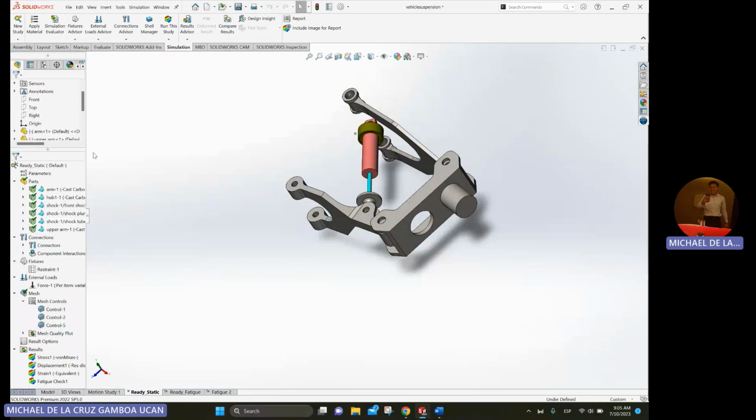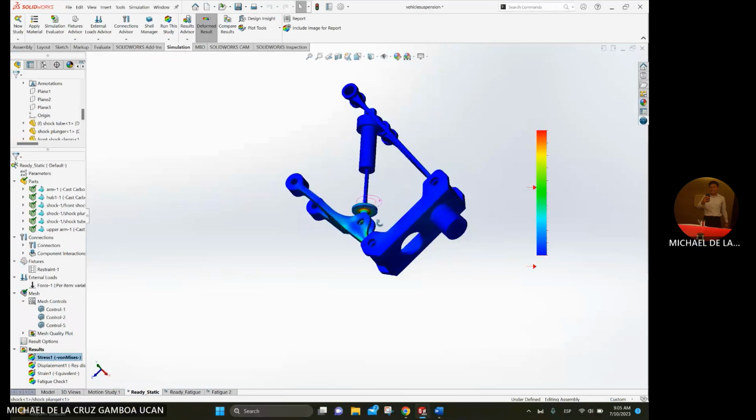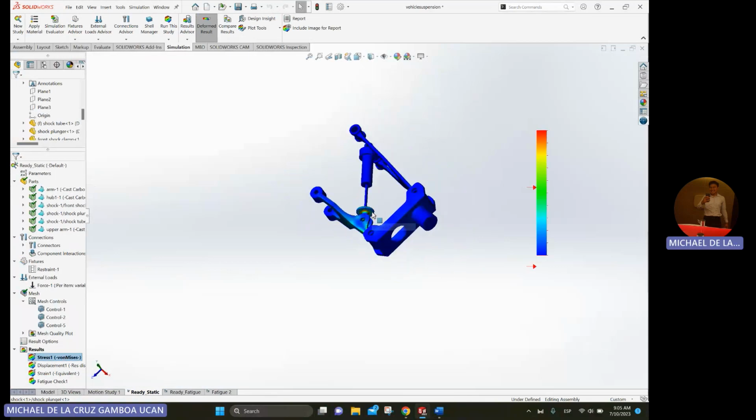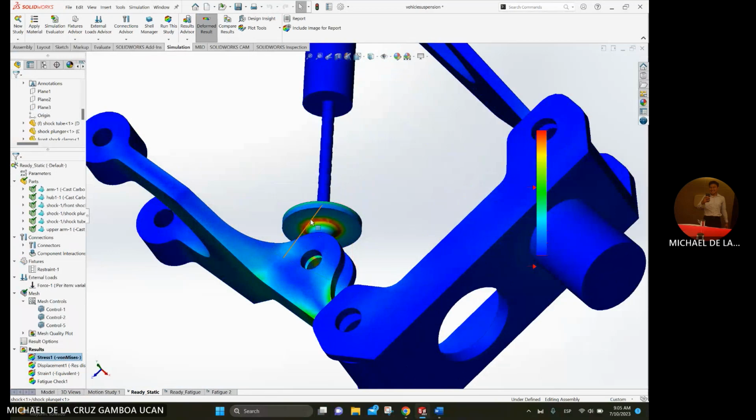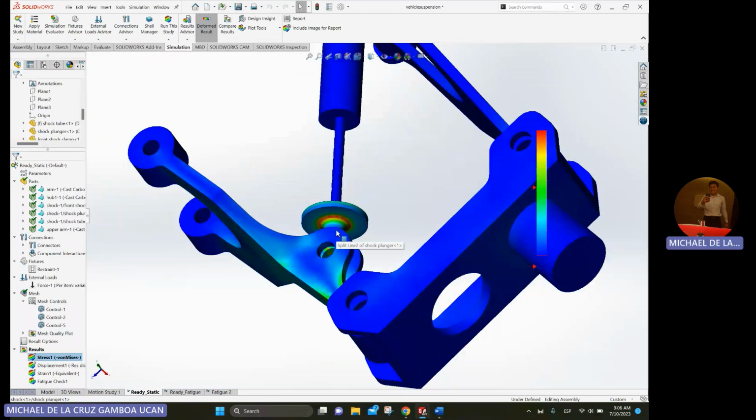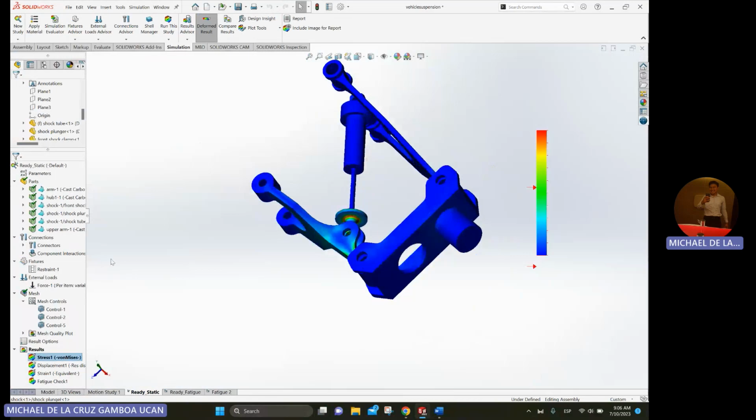We proceeded to analyze the graph presented. Okay, for this point we can check a ready static study. We can see the stress observed in this point here is the point that suffers most from stress. The color blue is normal. Okay, we can see displacement.